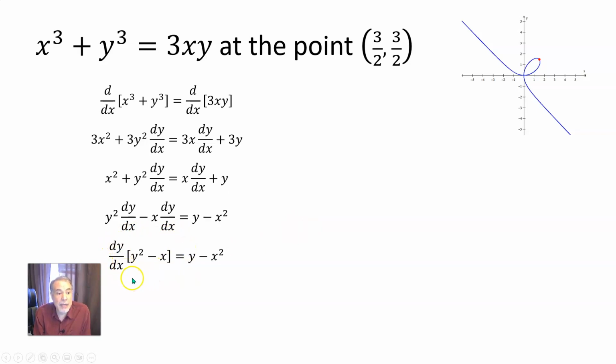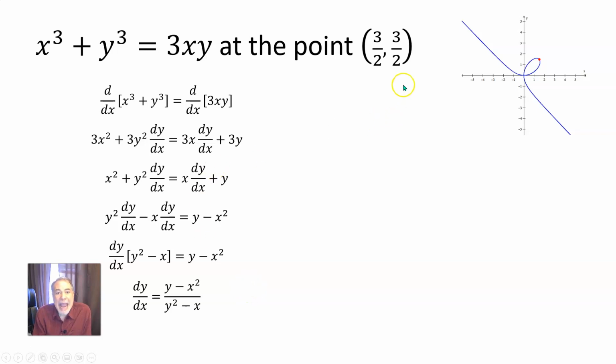So it's dy/dx times y squared minus x equals y minus x squared. And when I've got dy/dx times something else, and I want just dy/dx by itself, I can get that by dividing both sides by the something else. In this case, by the y squared minus x. So dy/dx equals y minus x squared over y squared minus x.